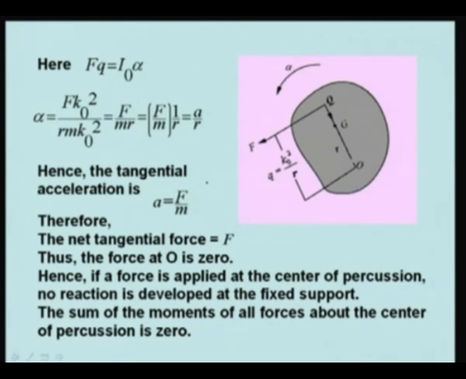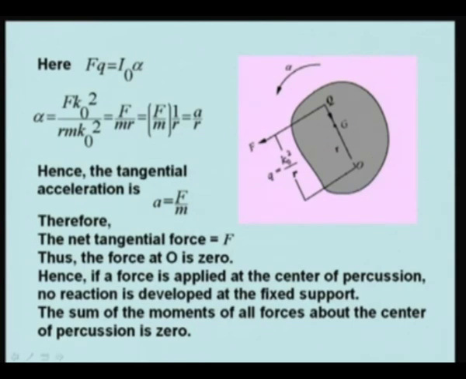Since the net tangential force is F, and we have already applied the force F passing through this point Q, hence the force applied by the pin must be 0. Therefore we conclude that if a tangential force is applied at the center of percussion, then no tangential reaction is developed at the fixed support.